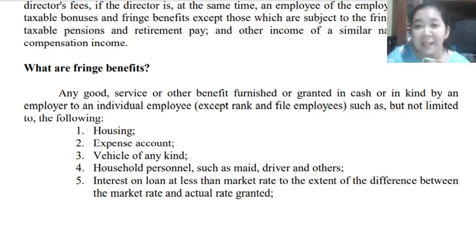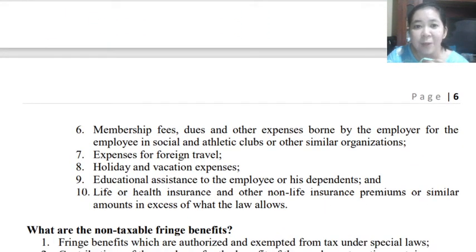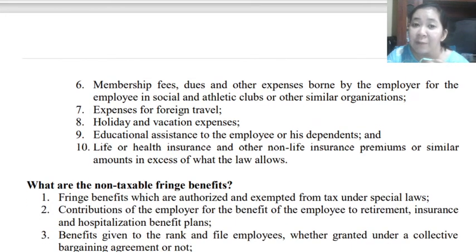But again, this is given to the top level management employee. And number 5, interest on loan at less than the market rate to the extent of the difference between the market rate and the actual granted rate, or in other words, interest that is lower than the usual. So this is the example. We also have fringe benefits in the form of membership fees, dues, and other expenses that are paid by your employer on your behalf.